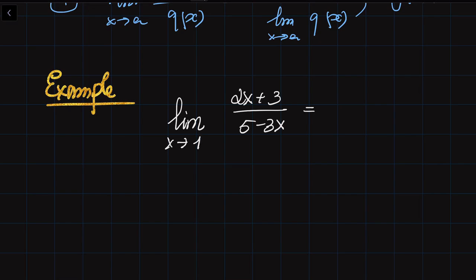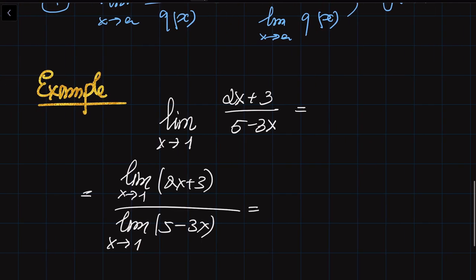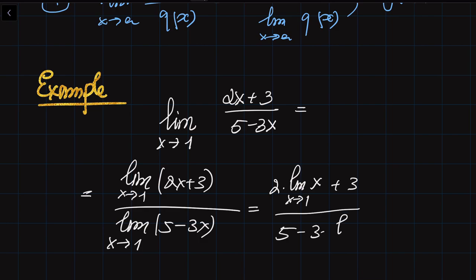So just using property number 4, I'm going to write this down as the limit of 2x plus 3 when x goes to 1, divided by the limit of 5 minus 3x when x goes to 1. Then by using the first and second laws, I can write this as 2 times the limit of x when x goes to 1 plus 3, divided by 5 minus 3 times the limit of x when x goes to 1.